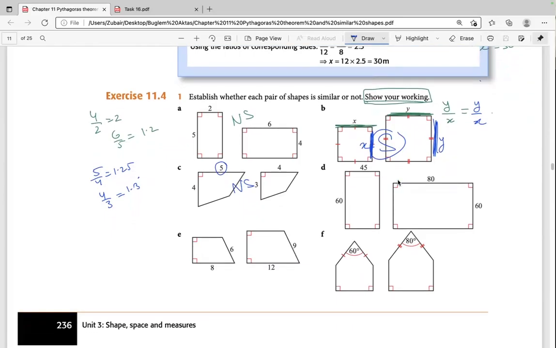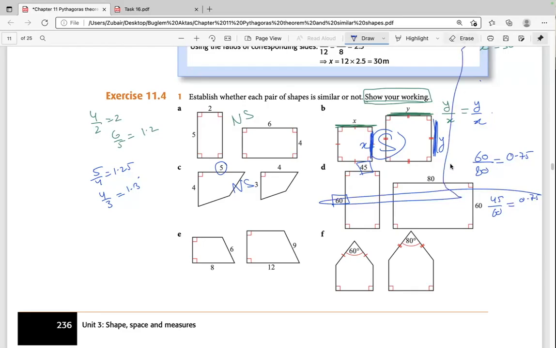Look at D part. Now let's do it the other way around. This 60 divided by what? 80. So 60 by 80, I'm using my calculator meanwhile, is 3 by 4, which is 0.75. On the other side, 45 by 60. Because we selected longer side divided by longer side and shorter by shorter, I'm getting exactly 0.75.